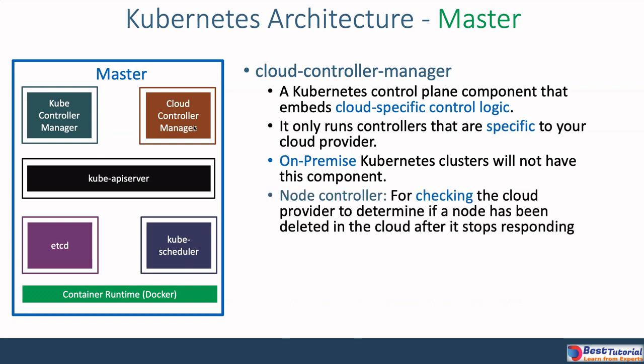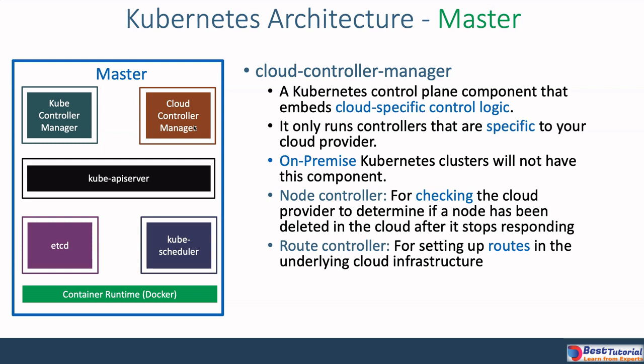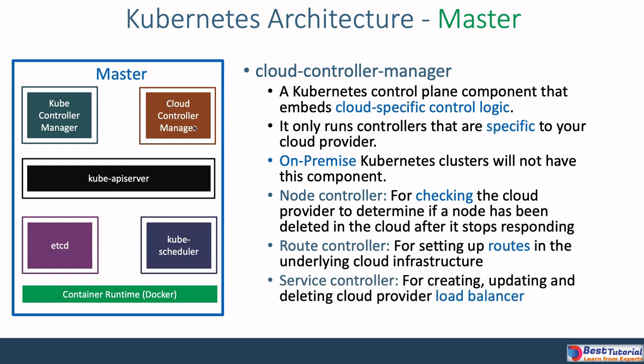It has a node controller for checking with the cloud provider to determine if a node has been deleted in the cloud after it stops responding. You'll also have a route controller for setting up routes in the underlying cloud infrastructure. And, same as the kube controller manager, you'll also have a service controller, which is for creating, updating and deleting cloud provider load balancers. So these are all the master node components in the Kubernetes architecture.